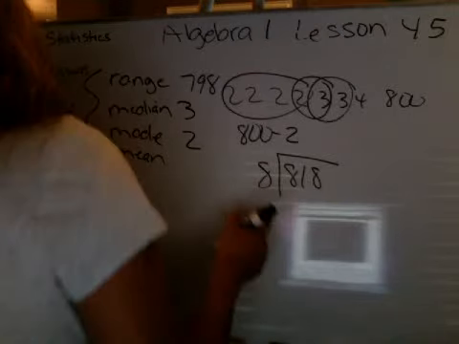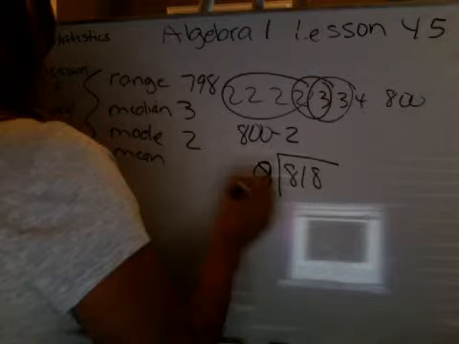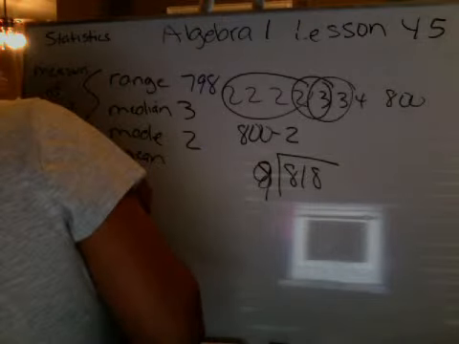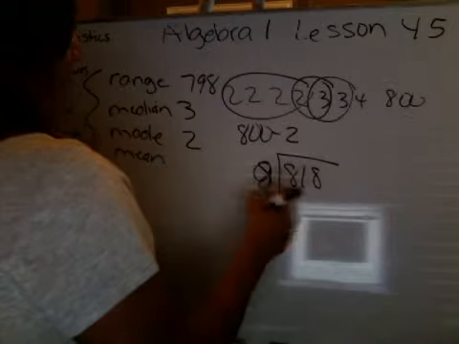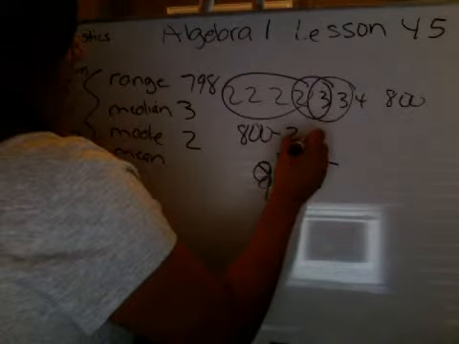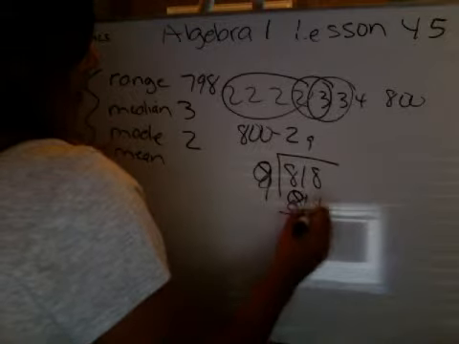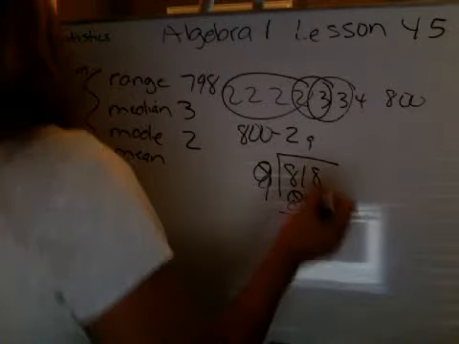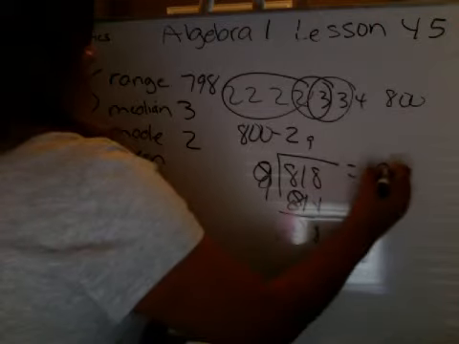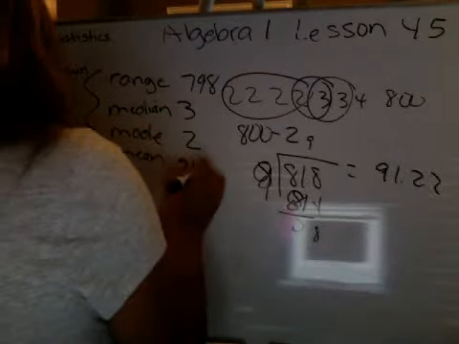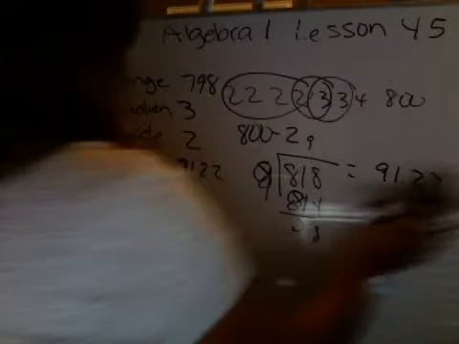So we have, oh, there's 9 numbers. I miscounted. So you divide by 9. I'm going to let you do the calculators. 91.22. So my mean is 91.22. Simple as that.